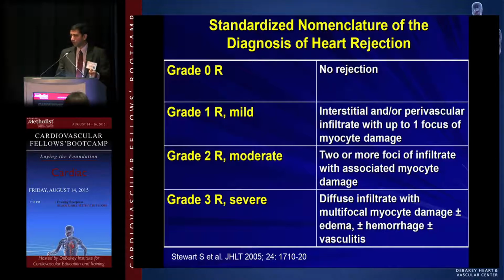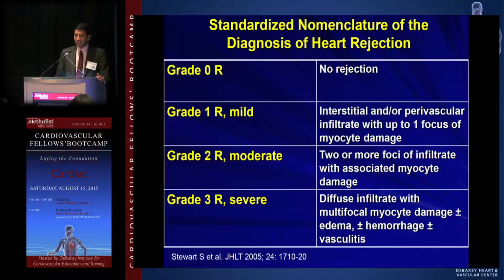So a lot of times when we have rejection, we assess intracardiac hemodynamics, looking at wedge pressure and cardiac output, and also obtain an echocardiogram at the same time to look at whether there has been a drop in LVEF, because this is going to significantly change how we manage these patients. If they have hemodynamic compromise or a drop in ejection fraction, we take that a lot more seriously than if you have just histologic grading without graft dysfunction.